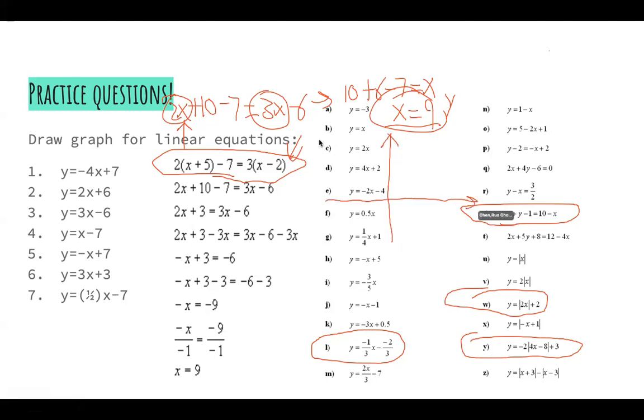We draw the x-axis and y-axis. Since there is no change in y, it will be a flat horizontal line. It should be flat, but I cannot draw something flat. And this point should be 0, 9. And this is, wait a minute.